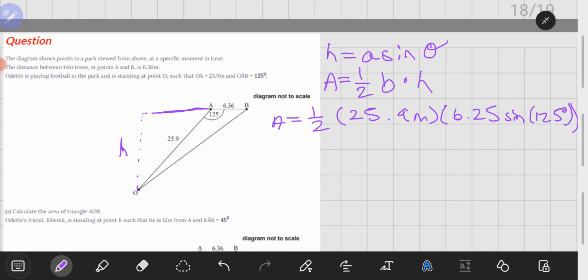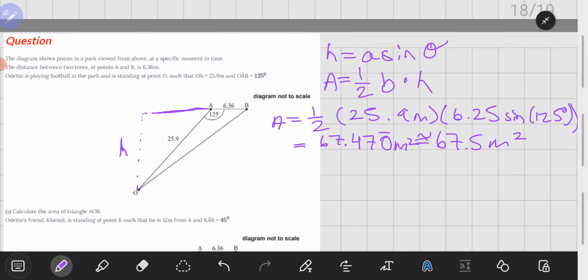If we compute our values, we find that area is equal to 67.47000. We can round our answer to be 67.5 meters squared.